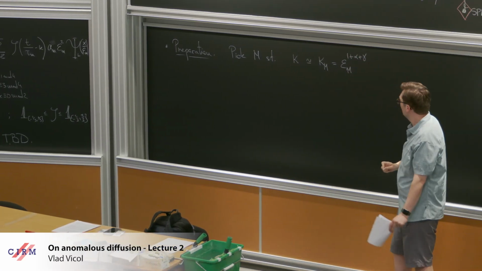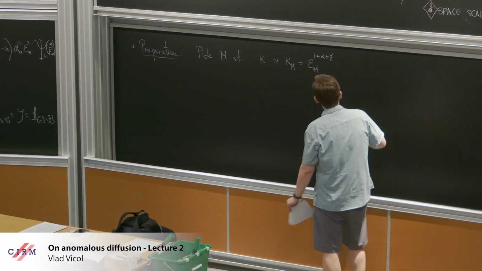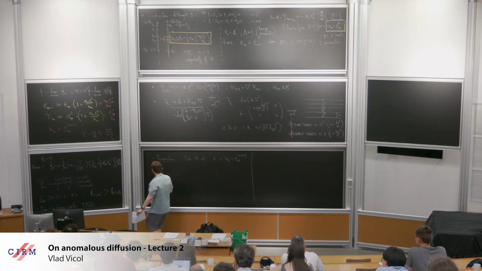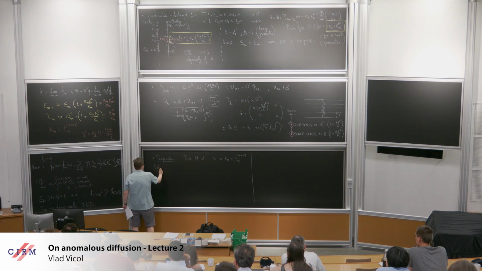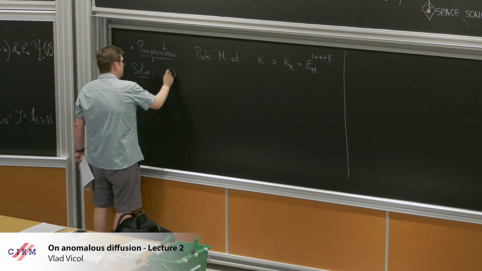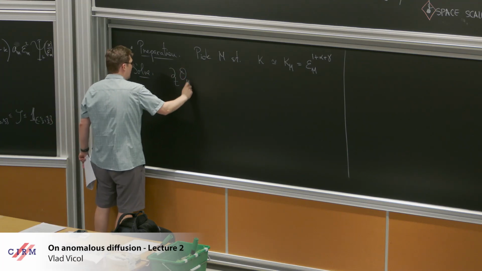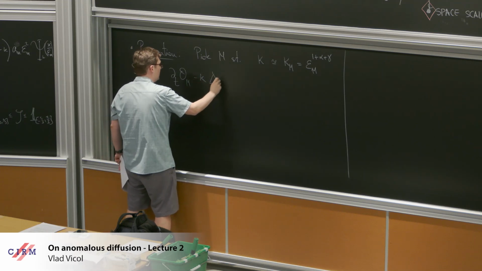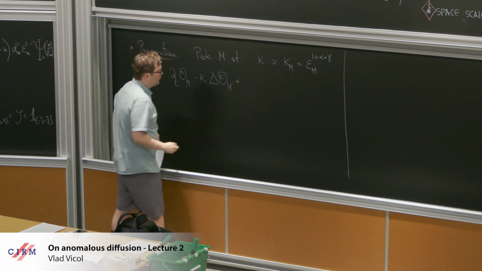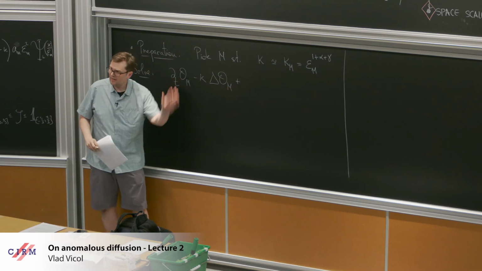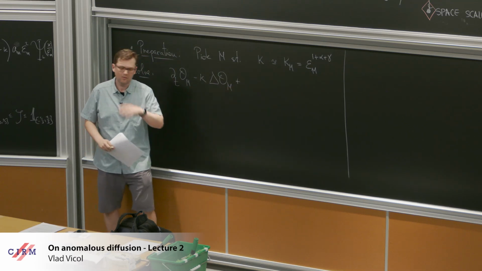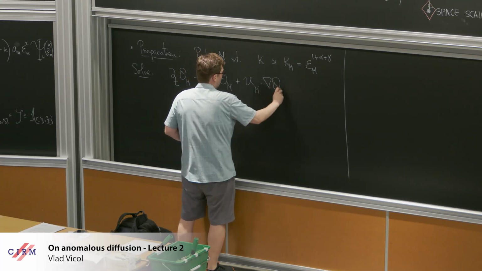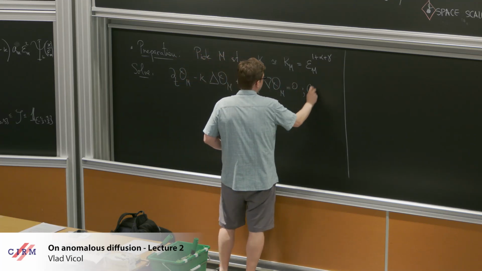Okay? And now solve a different equation. Solve dt theta_M minus kappa, which is also kappa_M. But instead of putting the full velocity here, I erase all the scales below M. So you just put u_M with the same initial data.